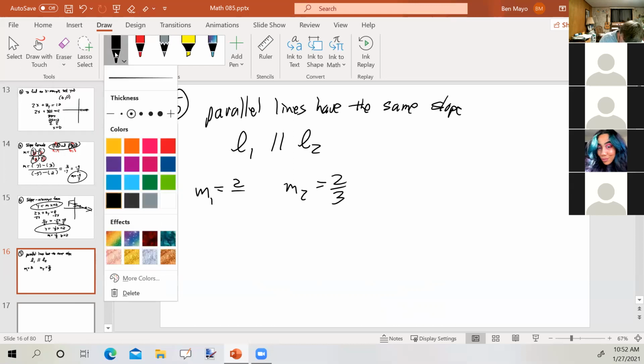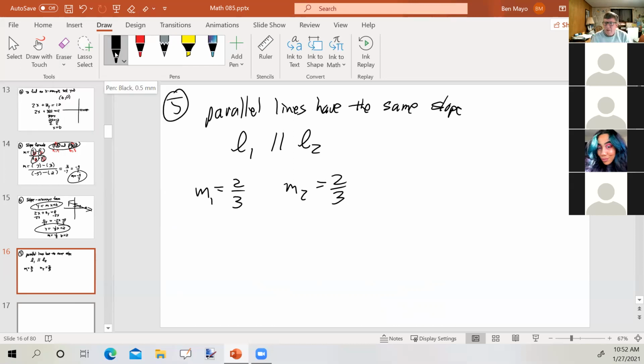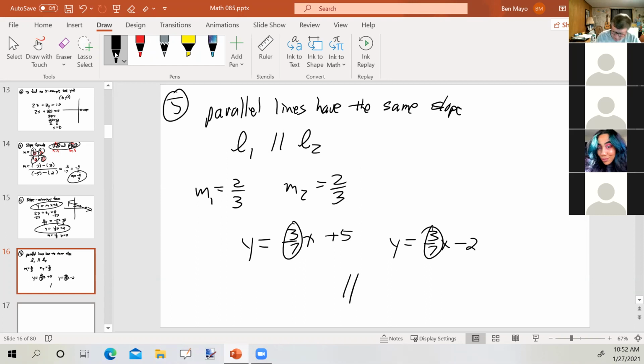Parallel lines have the same slope. Also, we could say if 2 lines have the same slope, they're parallel. So for instance, y equals 3/7 x plus 5 and y equals 3/7 x minus 2. Since these have the same slope, the lines are parallel. And those 2 little parallel lines are the symbol for parallel lines. Okay? Questions there? All right.